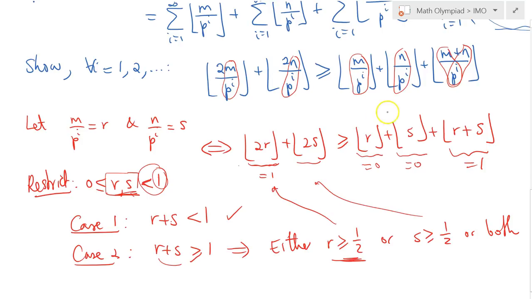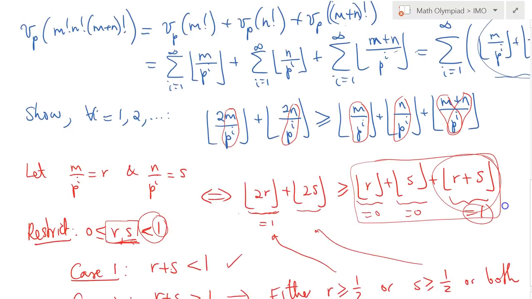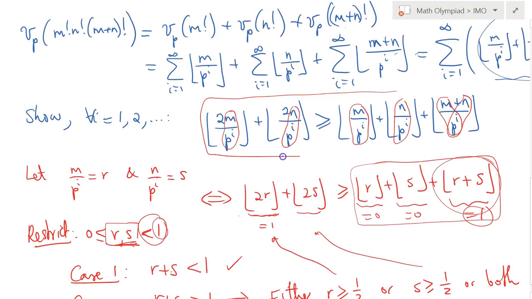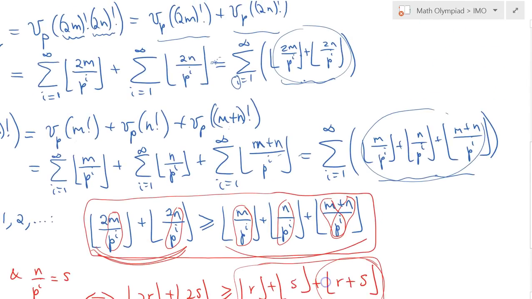But on the other side, only one of the expressions would be 1, so the left-hand side would definitely be larger. That proves the result term by term: for every single i, this expression exceeds the other one, and of course, when you sum them all, every single term here exceeds every single term there.